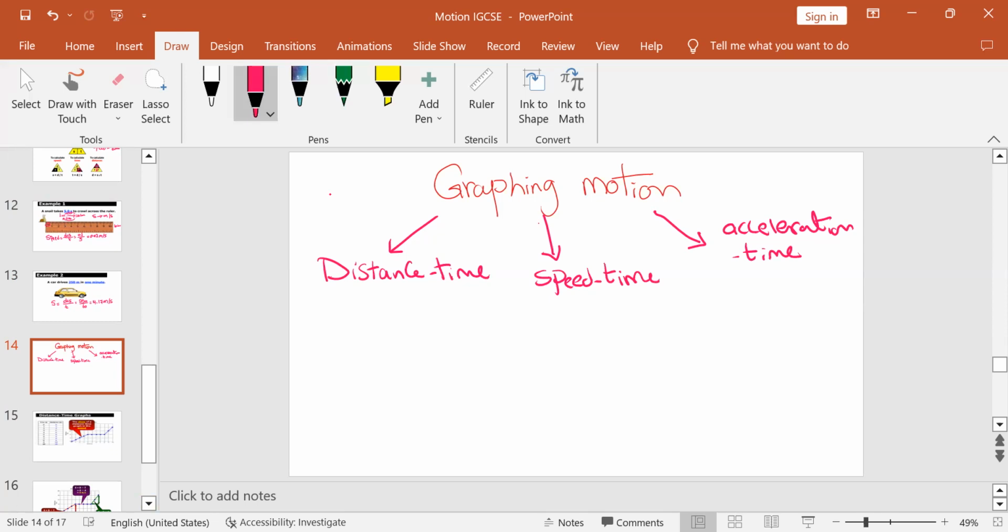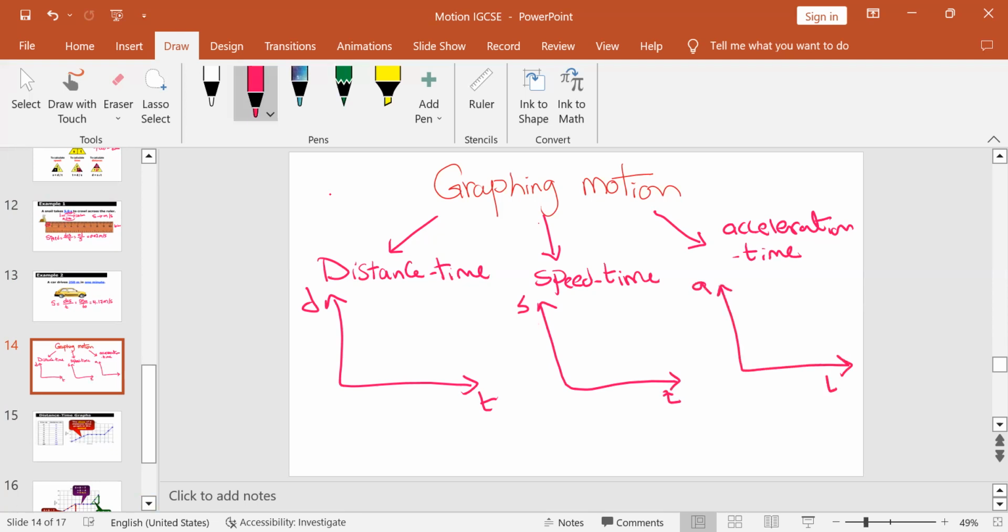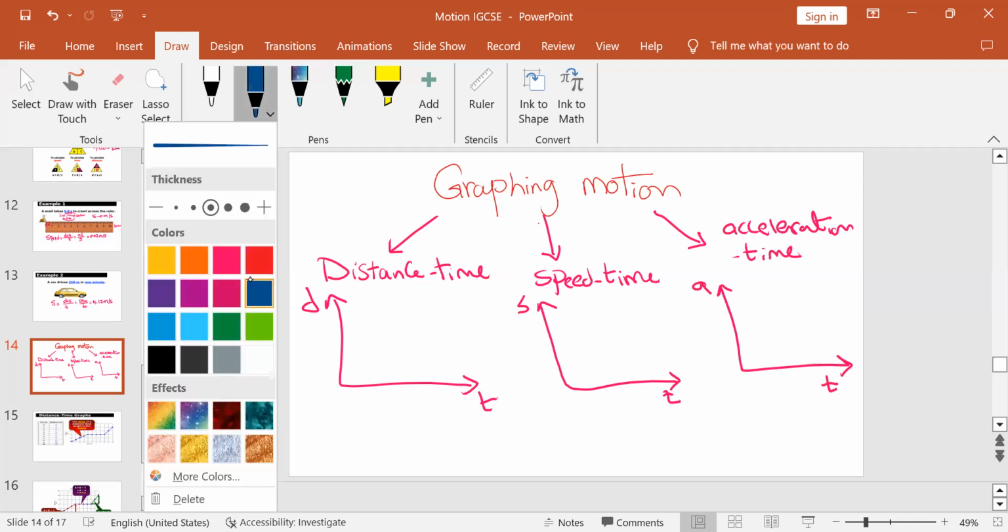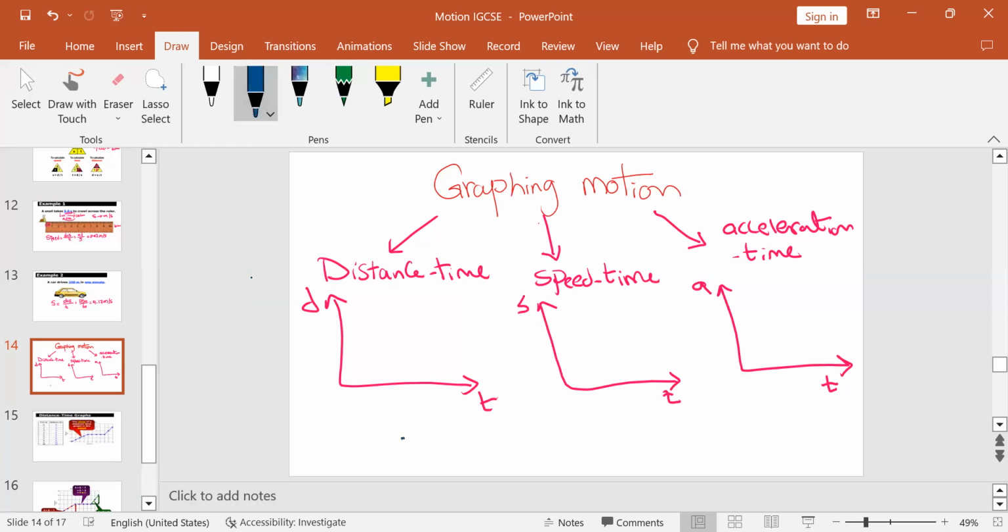In graphs, we have to note the labels of the axis. If it's a distance time graph, like this, distance time, and here we have a speed time graph, and here we have an acceleration time graph. Why should we consider the labels of the graph?